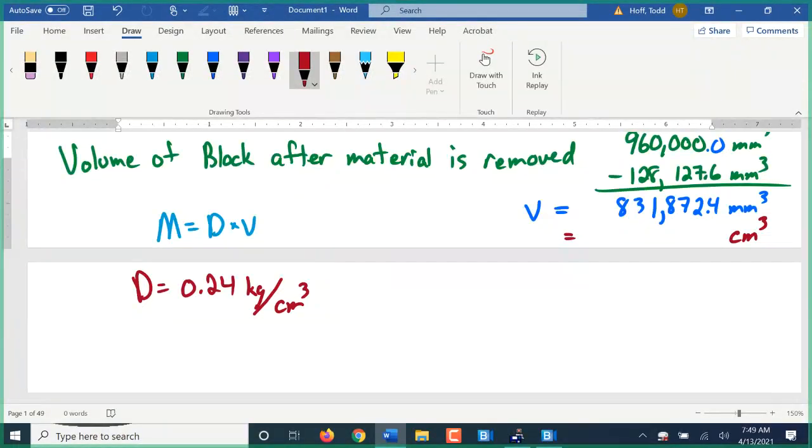From millimeters to centimeters on our chart is one spot to the left, which would normally be one decimal place if it were centimeters and millimeters. But it's not. It's cubic centimeters and cubic millimeters, which means that one spot on the chart is how many decimal places? 3, right? 10 by 10 by 10 is 1,000. That's 3 decimal places. This is 831.8724 centimeters cubed.